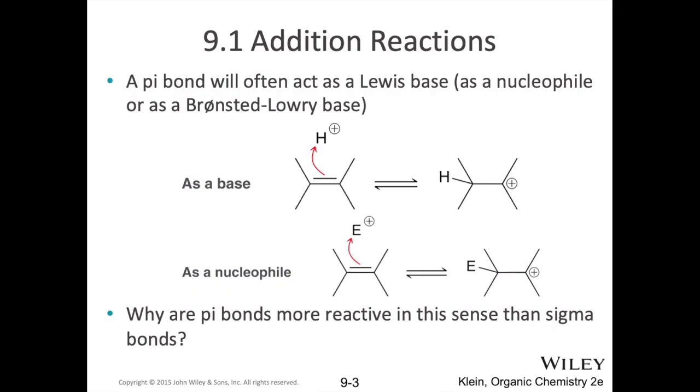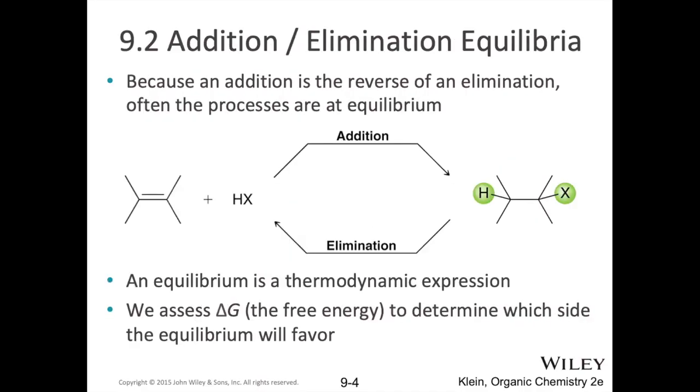Those electrons can be donated to a proton to act as a Lewis base, or to some sort of electrophile, and that's how we form a bond with said proton or electrophile. As a result, we get a carbocation on the other carbon of our double bond. That's what picks up the other half of the molecule.